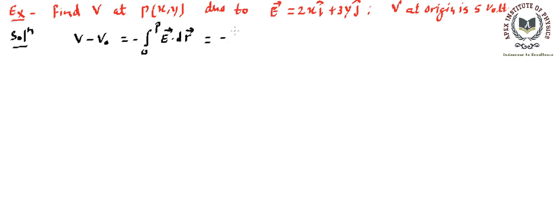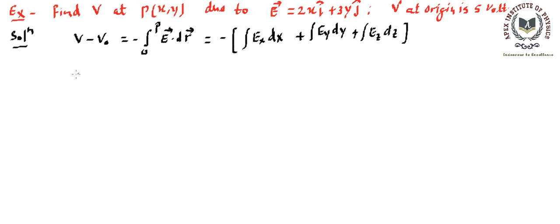So it will be minus the integration of Ex dx, with x coordinate from initial to final, plus the integration of Ey dy plus the integration of Ez dz.